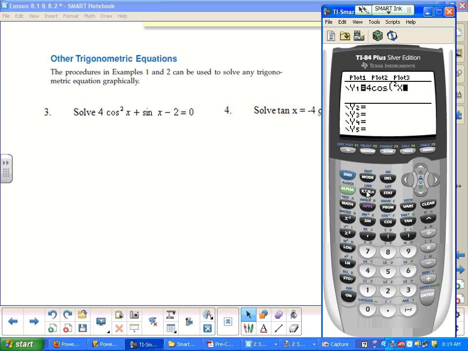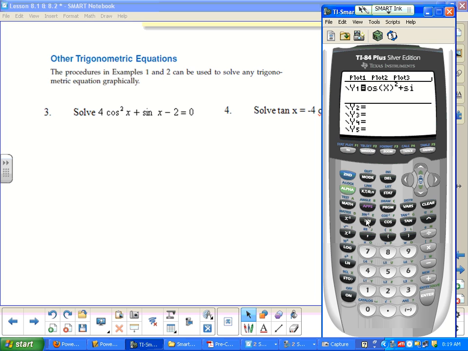When you type it in, if you put the x in and then square it, that is not squaring the x, that's squaring the whole thing. That means cosine of x times cosine of x. So understand that.